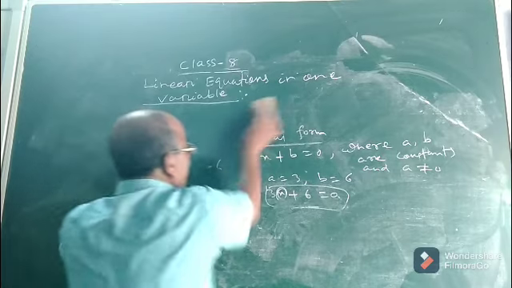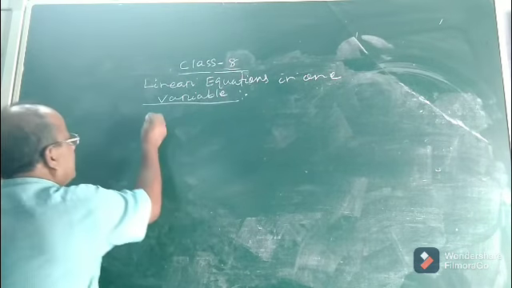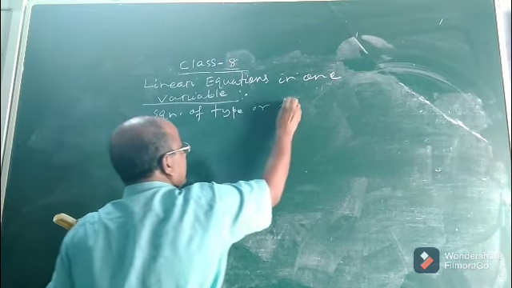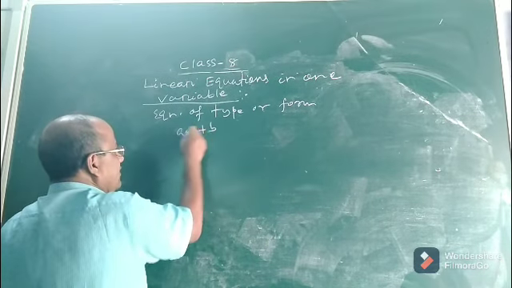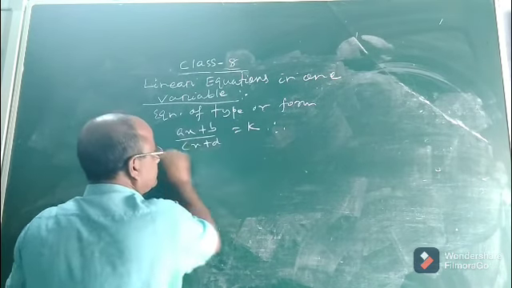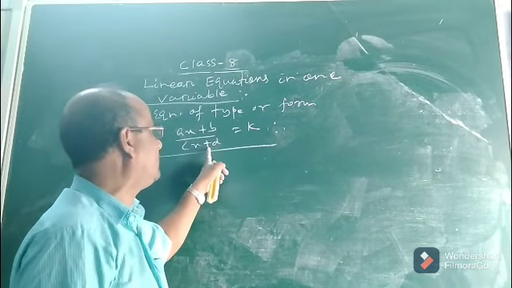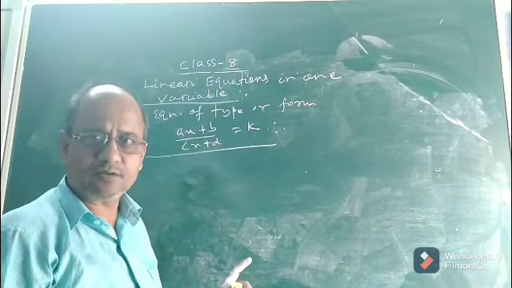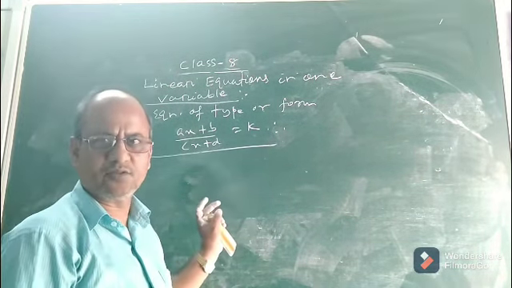Suppose you are given a linear equation of the form (ax + b)/(cx + d) = k, where a, b, c, d and k are all real constants, real numbers, any number you can say, integer, no problem.